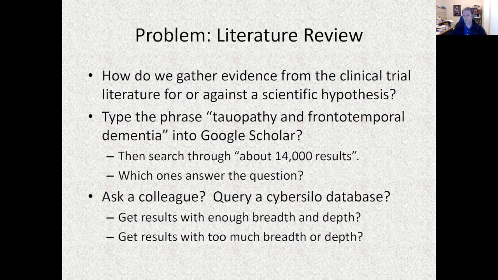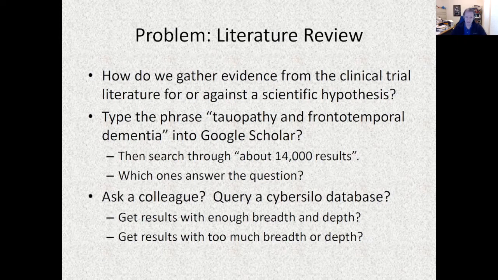How do we gather meaningful and relevant evidence? And in this example, I'm talking about a scientific hypothesis that is addressed in a clinical trial.